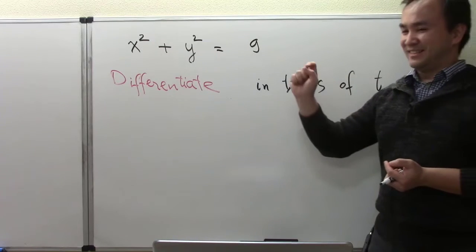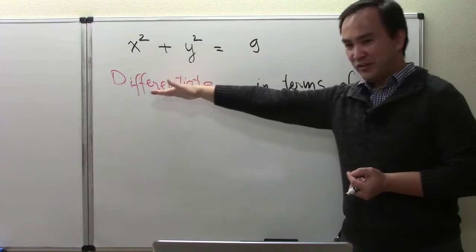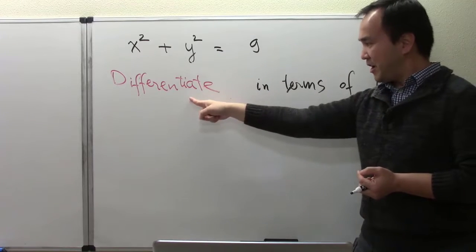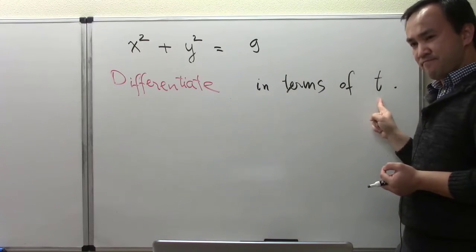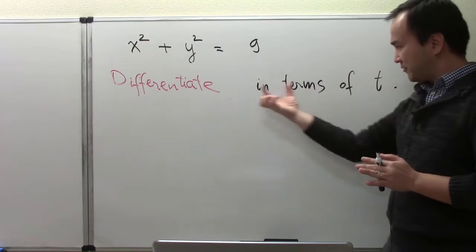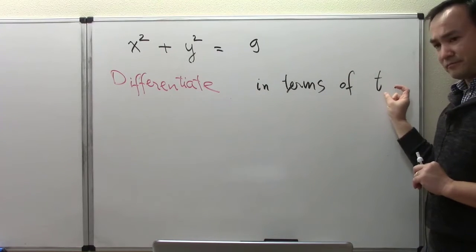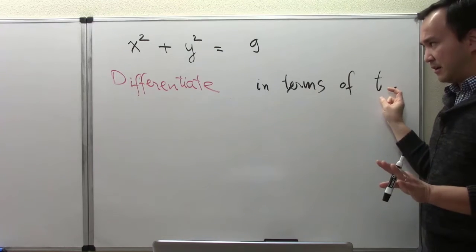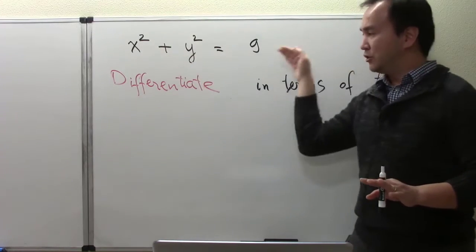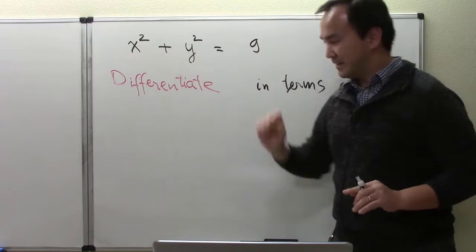I repeat. When you have this kind of instruction, differentiate in terms of t, you find no objective, and the variable indicated is nowhere found in your equation.